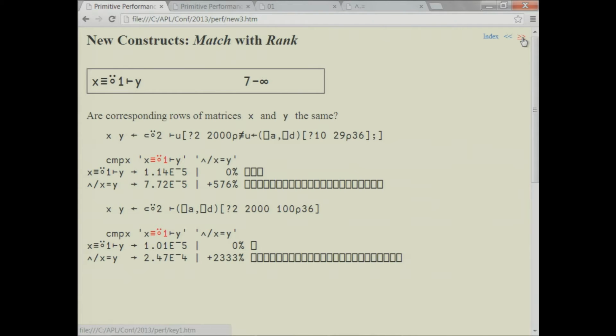Before, the best way to solve this problem is n/x equal to y, which cannot possibly exit early because it has to do the x equal to y in its entirety and then do the n/, whereas the match has the possibility of exiting a row as soon as it found out that it's not matching.